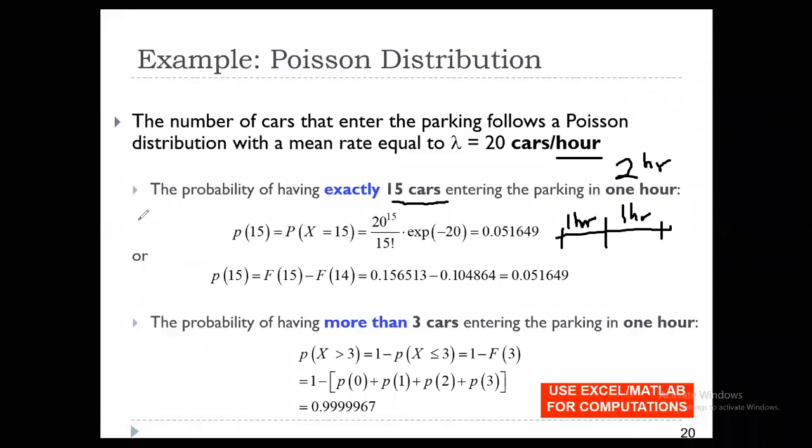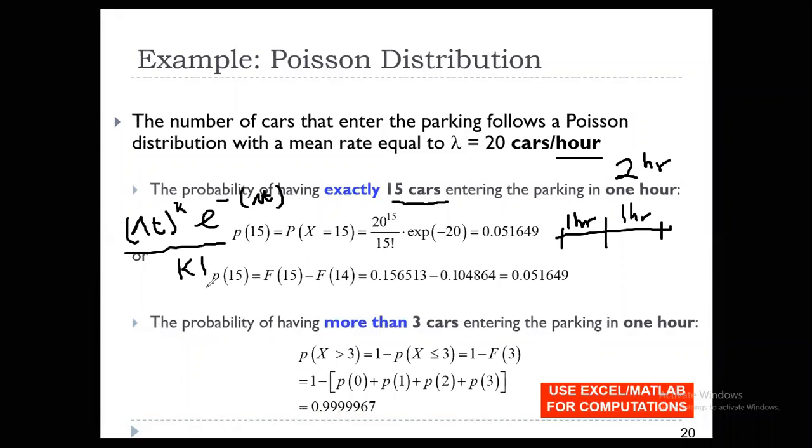Now it's going to be not just lambda, we are going to have lambda t raised to the power k, I think we are using k, so I'll keep k here. Then we have e raised to the power negative lambda t, over k factorial.